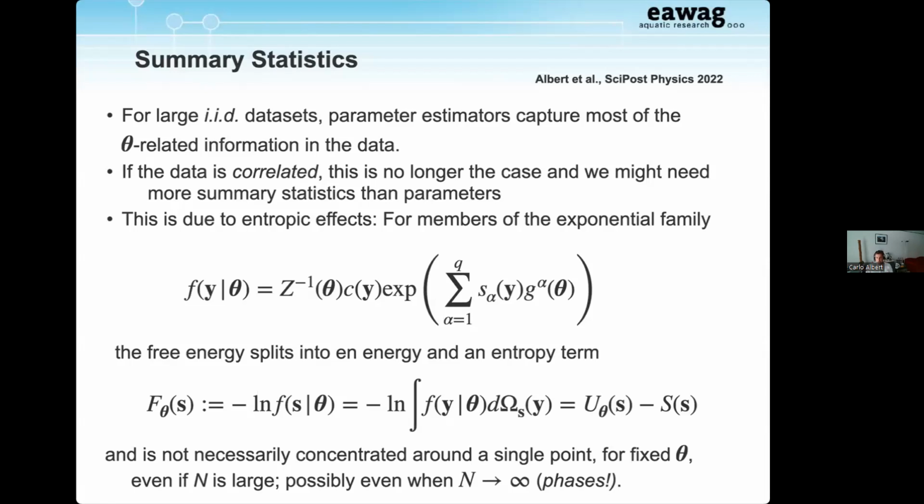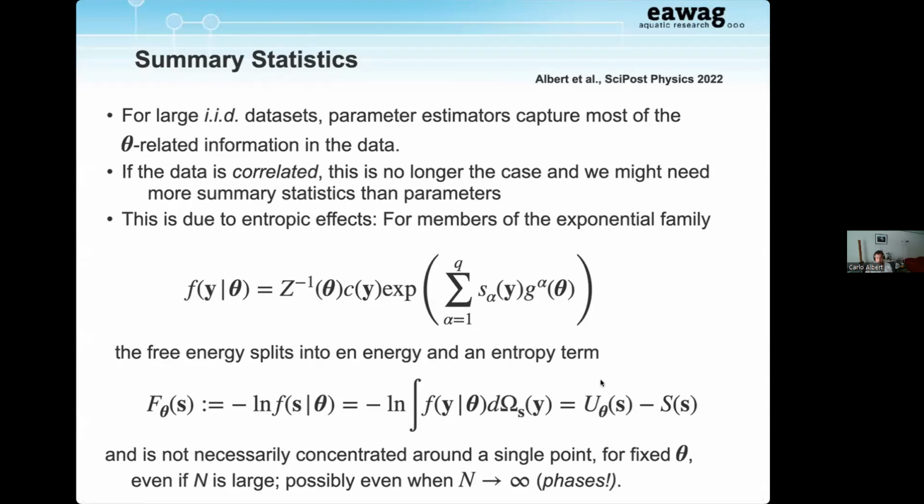So for the exponential family, this can be made manifest. We can write down what in physics is called the free energy, so the minus log of the likelihood function of the summary statistics given the parameters. And if you plug it in, this naturally splits into an energy term and an entropy term. The energy term depends on the parameters, the entropy term does not.